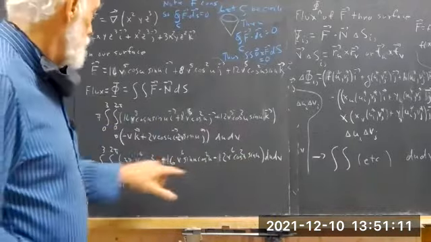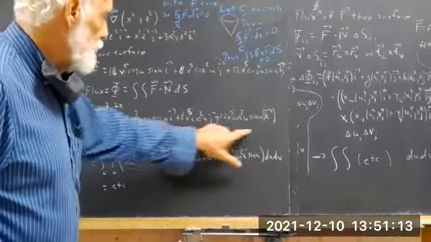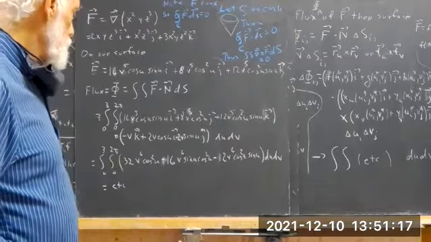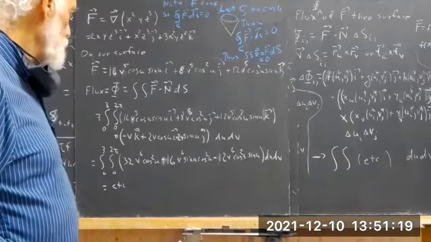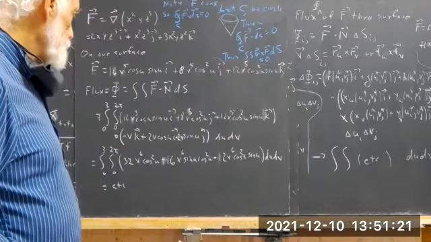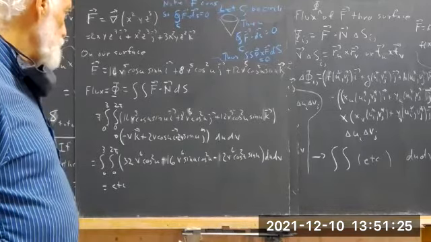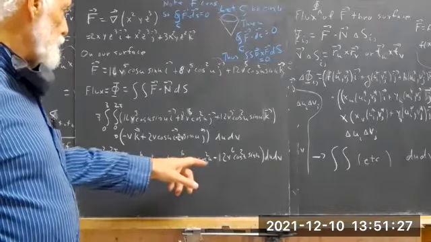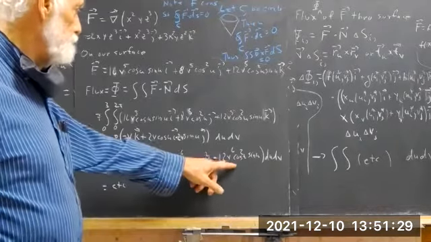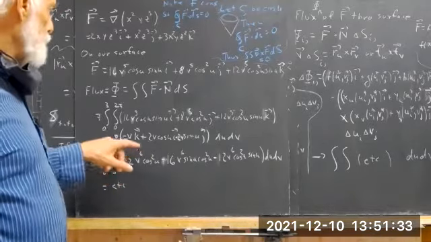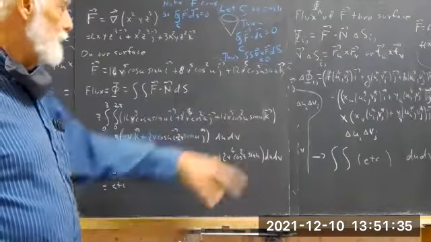The k with the k is going to give us this with an extra b, which will give us b to the 6 cosine squared. Maybe I didn't do that one first. There it is.